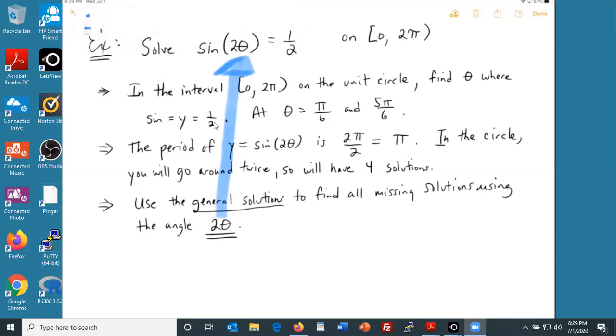So it's the sine of the angle 2 theta that equals a half. Not the sine of theta equals a half, but the sine of 2 theta equals a half.